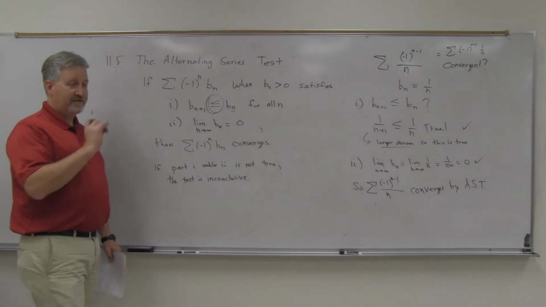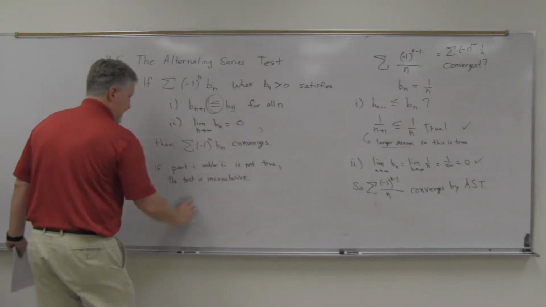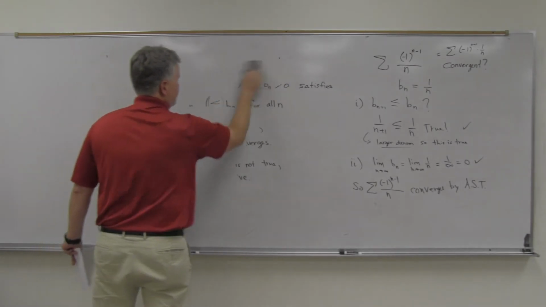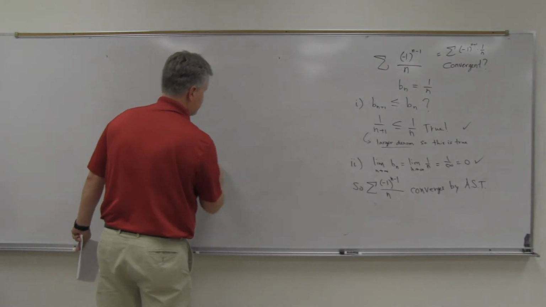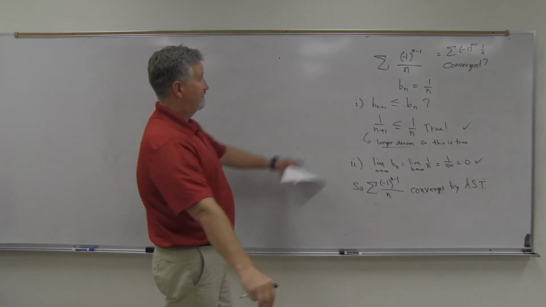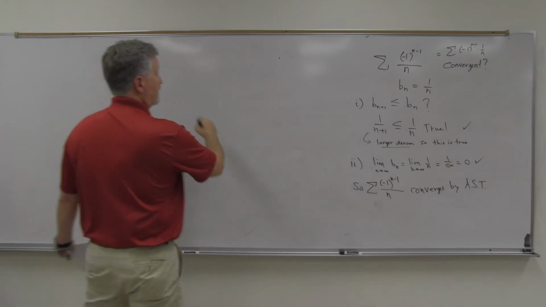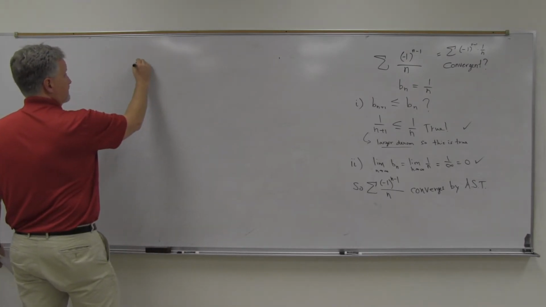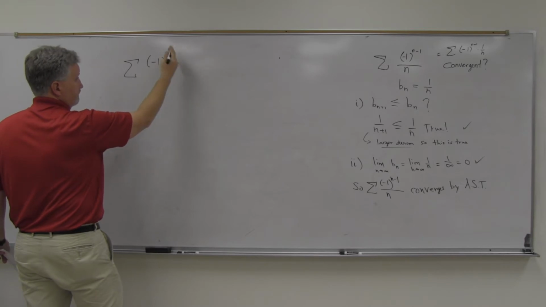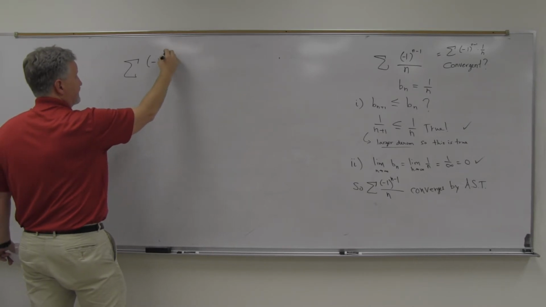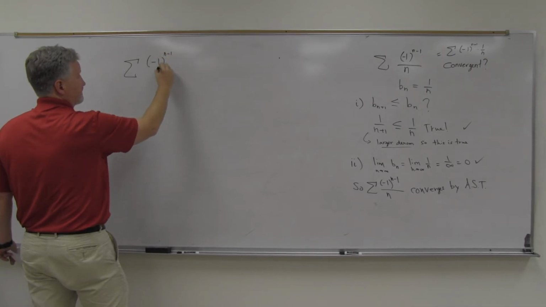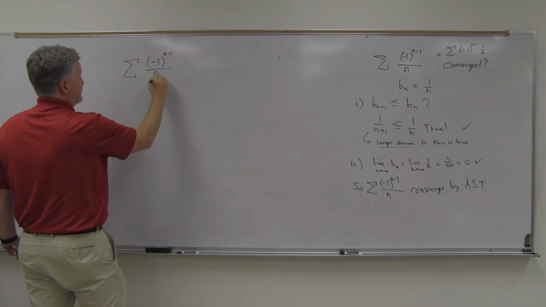Now, here's an interesting side note to that. Do you notice what series that is related to? Okay, so that series converges. I guess I just wanted to show you a variation.